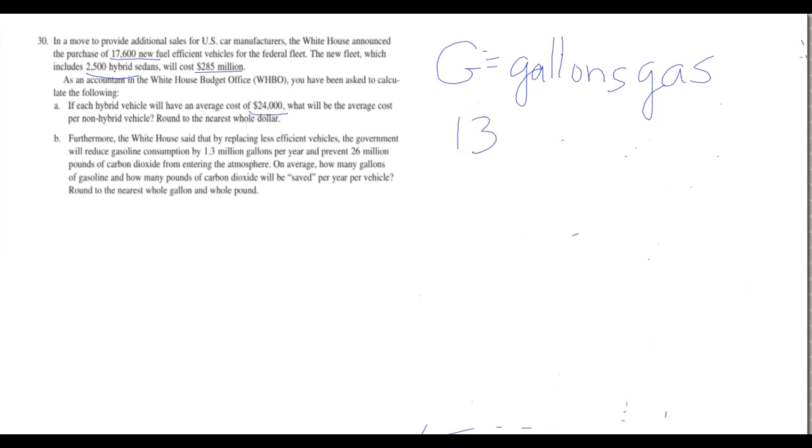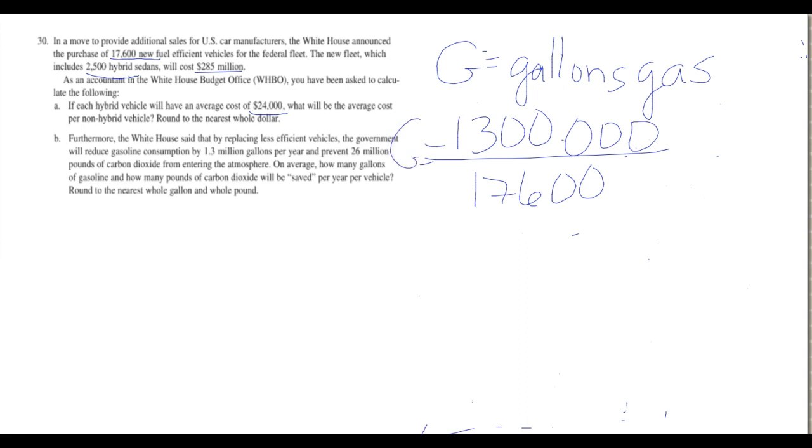All we have to do is divide the number of gallons by the number of cars. And we get G equals 73.8, which is about 74 gallons per vehicle.